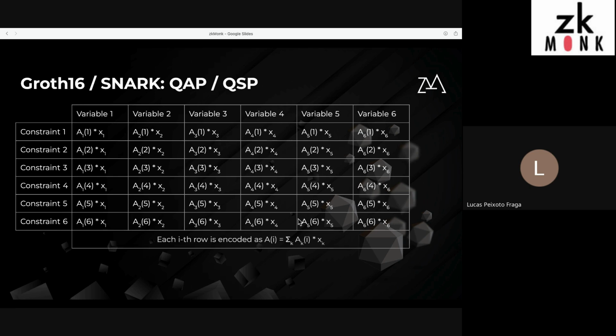We will define this polynomial A such that when it is evaluated, for instance, at 1, it will give the sum of the first row. And how is this done? We have a sum of the polynomials of all columns here.